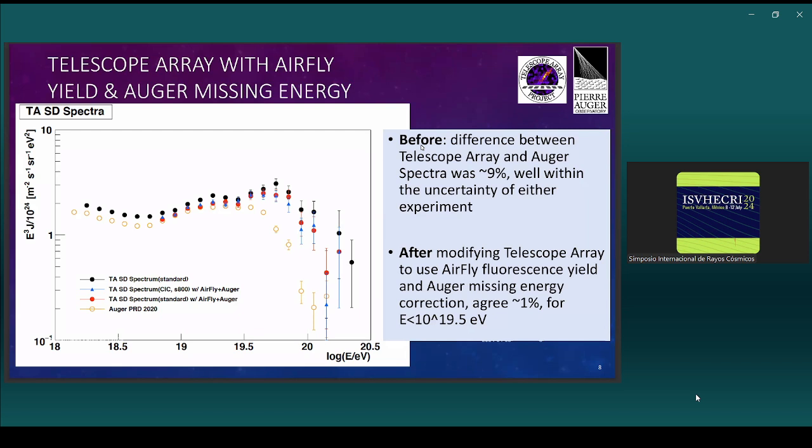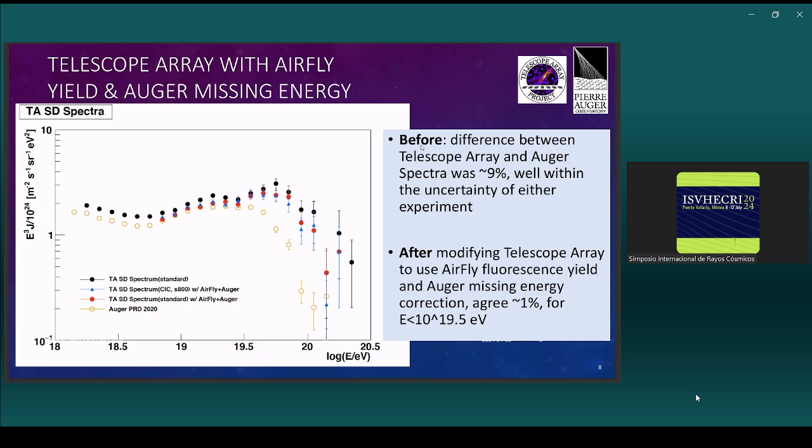And we've long known that there's a shift, sort of 9%, between Telescope Array and Auger, and people usually just shift Telescope Array down halfway, and the Auger spectrum up halfway, sort of 4.5% each.